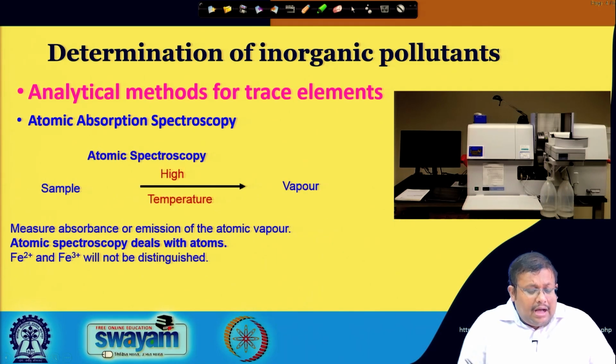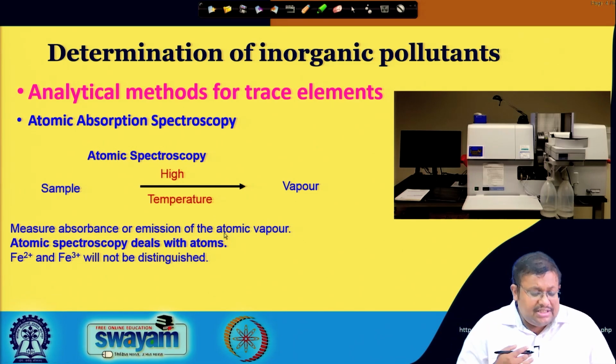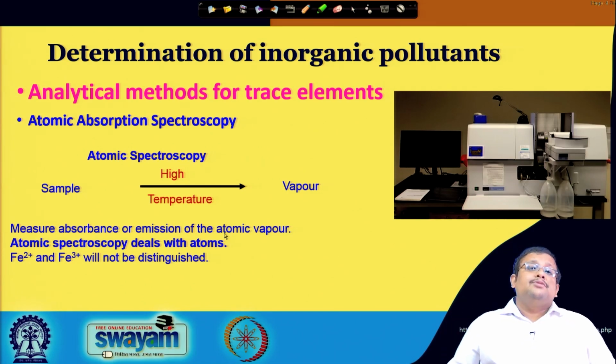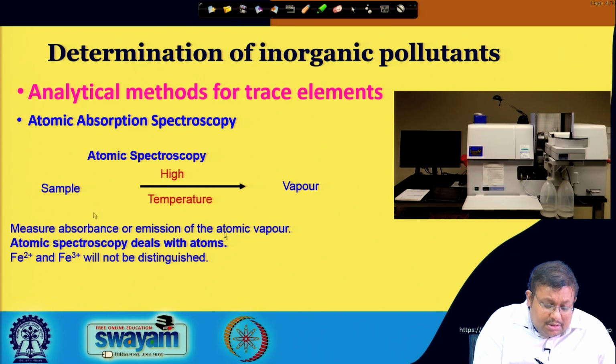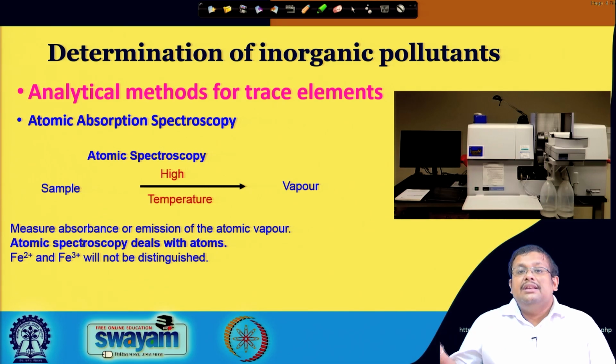Now, we know that when we introduce the sample and produce high temperature through either a flame or a graphite furnace, we are producing vapors, and we are measuring the absorbance or emission of the atomic vapor. In case of AAS we are measuring the absorbance, not the emission. For emission we use atomic emission spectroscopy.